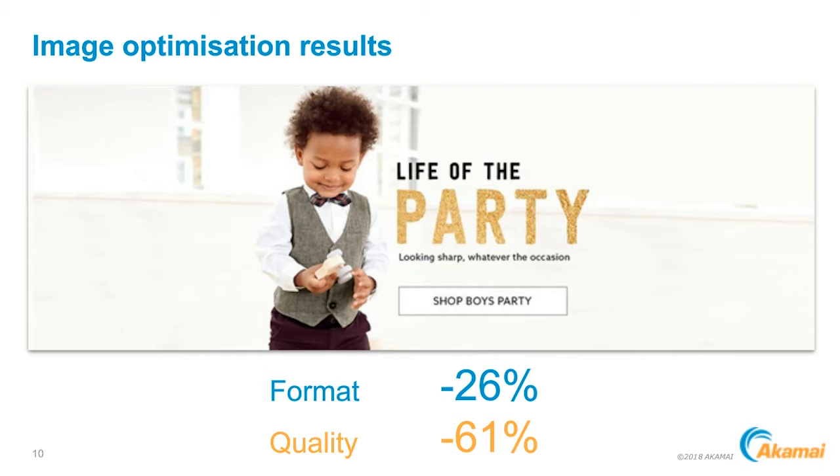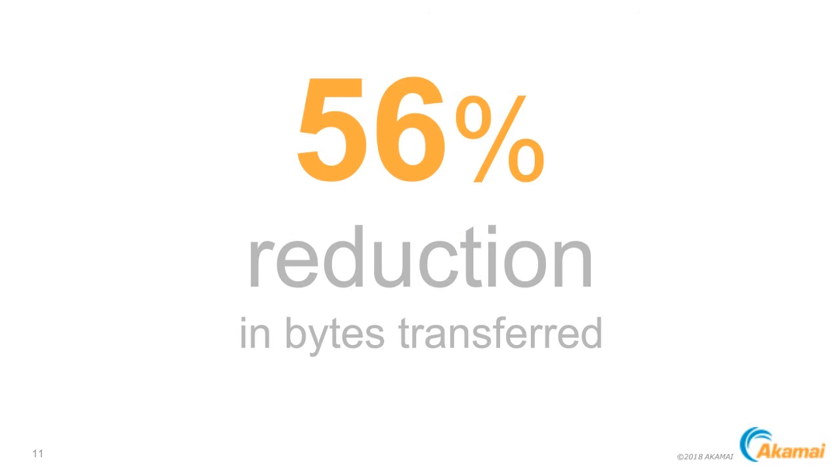Now, this is just one image. It's a pretty impressive return for one image, but we also want to know how much of an impact optimizing the images had across all of the images on every single page. The answer to this was 56%. We managed to shave off this many bytes by resizing, changing the quality, and changing the format to the appropriate browser-specific format.